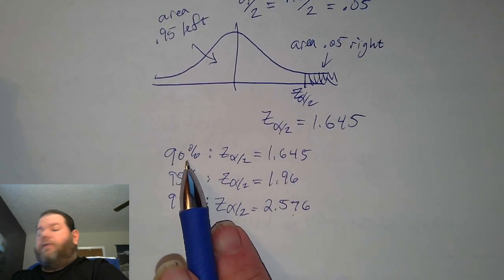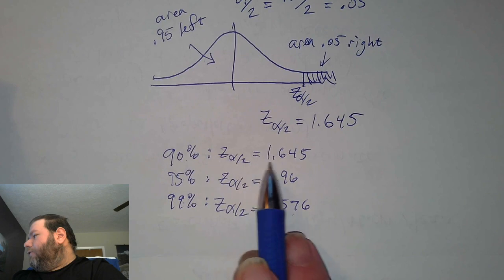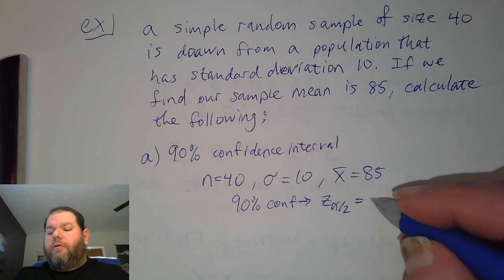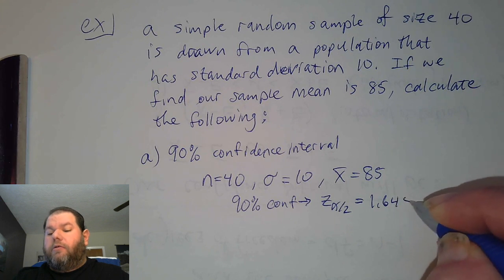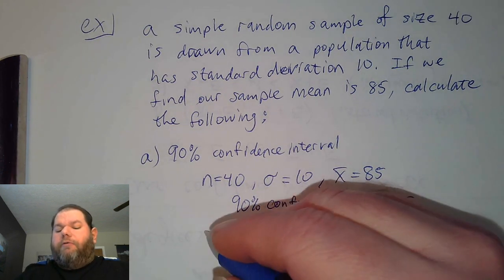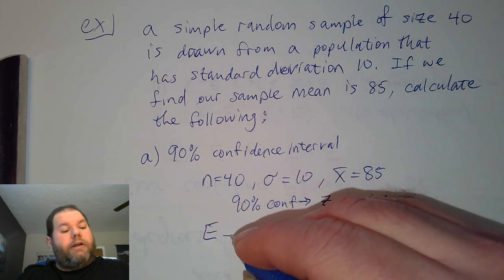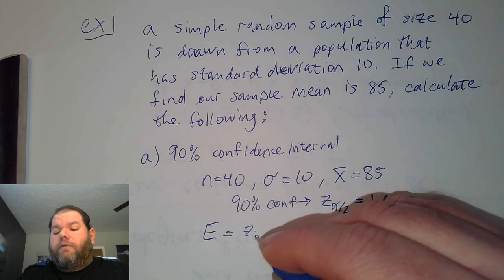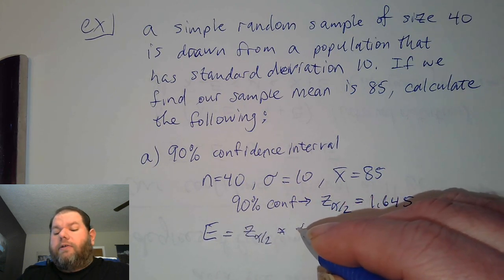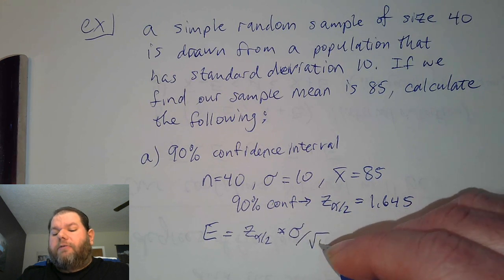And for 90%, z alpha over 2 is 1.645. So we'll write that down. The error term is z alpha over 2 times sigma divided by the square root of n.